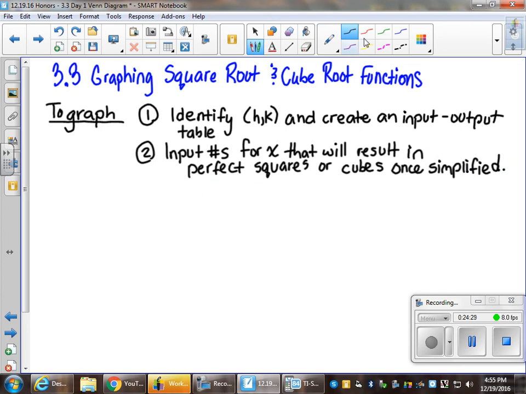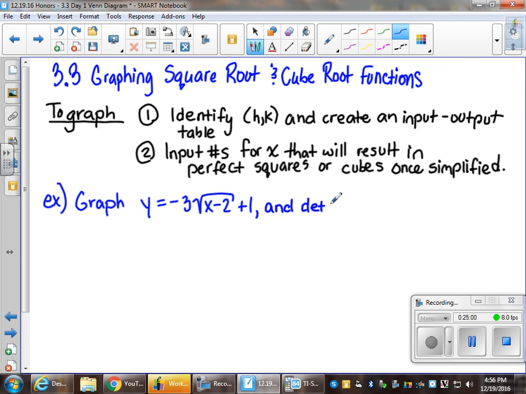The best way to practice is to actually do one. So let's do one. Example. Graph y equals -3 times the square root of x minus 2 plus 1, and determine the domain, range, and intercepts.